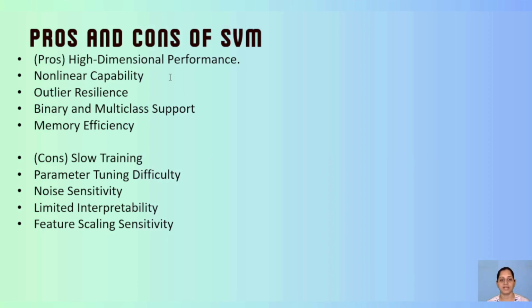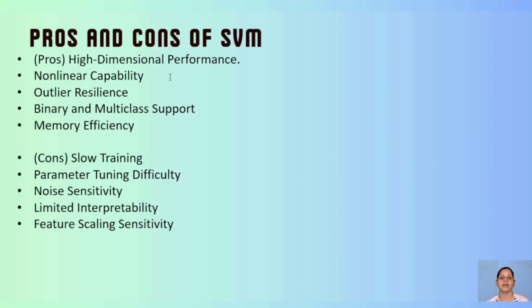While separating out data points, if one or two points are misclassified, they are called outliers, because one class's data point is present in another class. It easily handles those kinds of outliers. It's an outlier-resistant algorithm. It supports both binary and multi-class, and it's very good at efficiently handling the memory of your system.